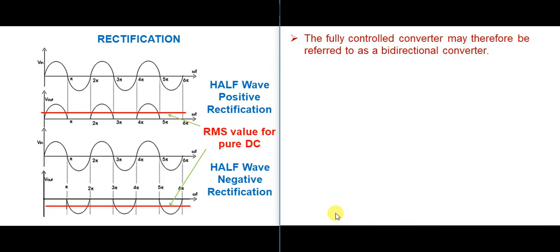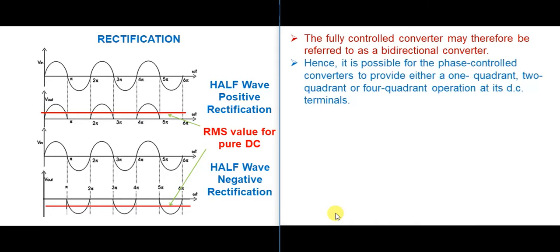The fully controlled converter may therefore be referred to as a bidirectional converter. Why bidirectional converter? Because we can obtain both positive as well as negative. Hence, it is possible for the phase controlled converters to provide either a one quadrant, two quadrant, or a four quadrant operation at its DC terminals.